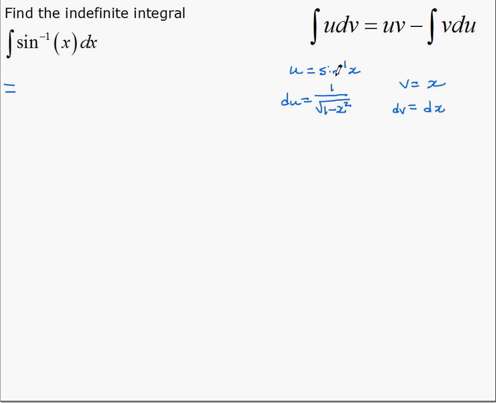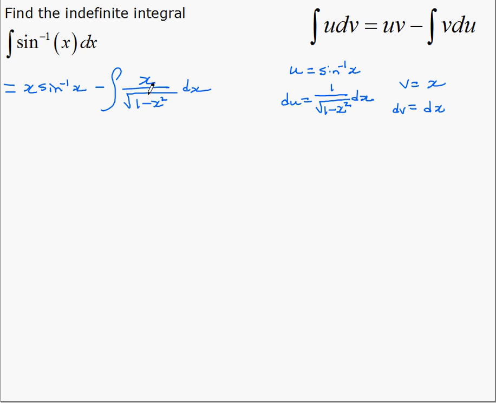u times v is x sine inverse of x minus the integral of v du. We do need a dx here. So v du is x over root 1 minus x squared dx.